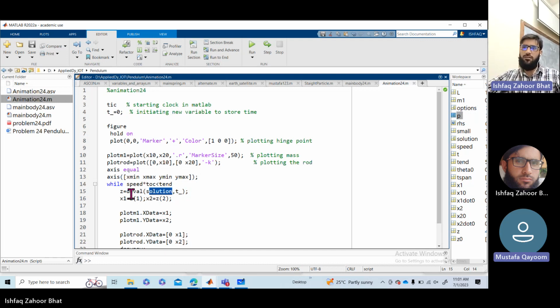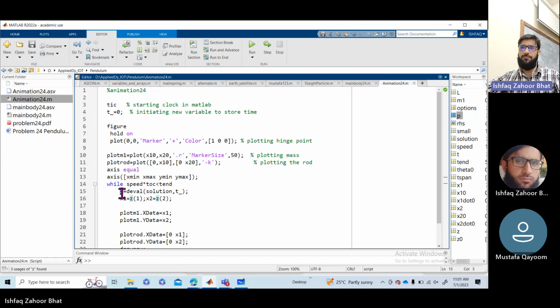But we want this z value at a particular instant of time, not for some period of time. So what is the time instant here? It is 0. See, t underscore has value 0. So we first want the value of the z vector at time 0. This deval will return the z vector at time equal to 0.